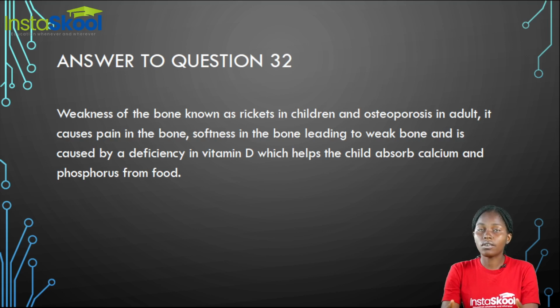This weakness of the bone causes pain in the bone as a result of the softness of the bone. And what causes this weakness of the bone? It is caused by a deficiency in vitamin D. This vitamin D is what helps an individual to absorb calcium and phosphorus from food.